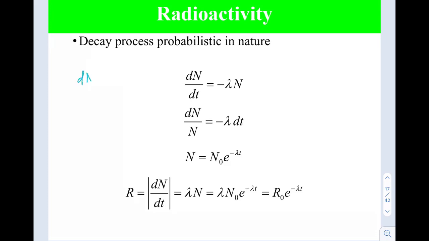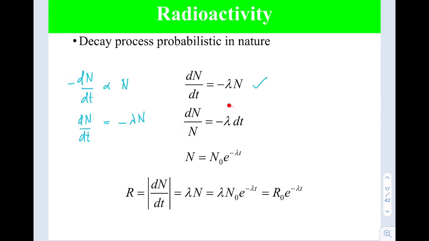This means that the rate of decay is directly proportional to the number of nuclei that have not yet decayed, and it is negative because the amount is decreasing. Converting it into a mathematical expression, the rate of decay is equal to negative lambda N. The constant here is called the decay constant, which tells us the probability of decay per nucleus per second. That is how we get this equation.